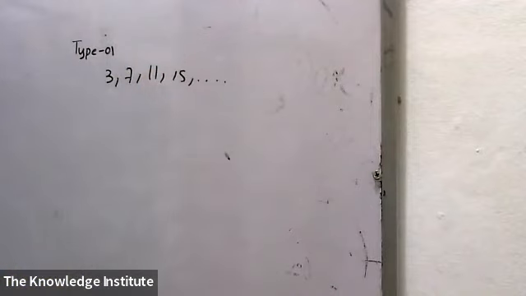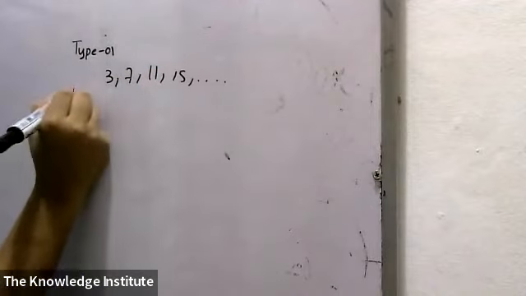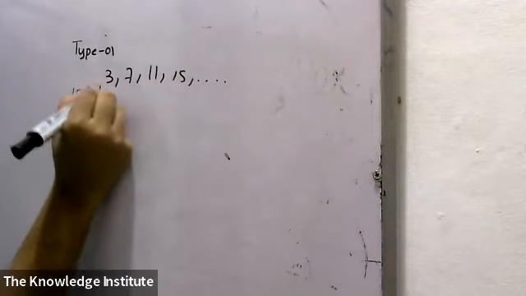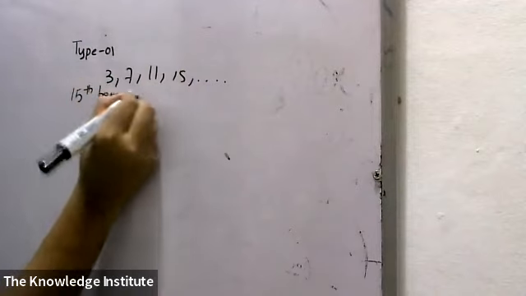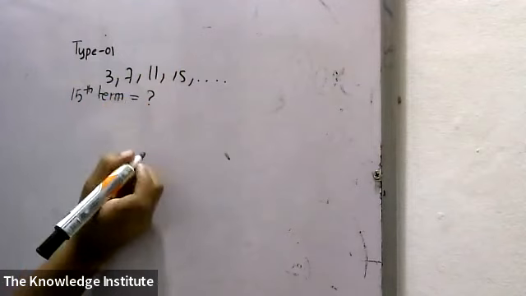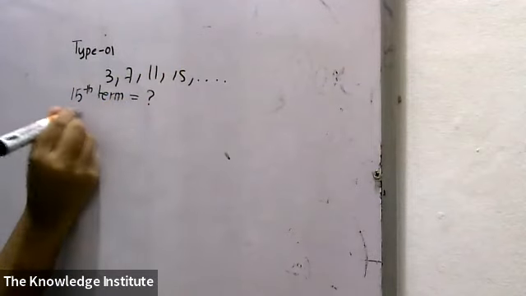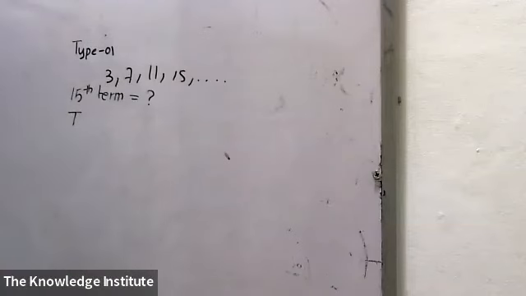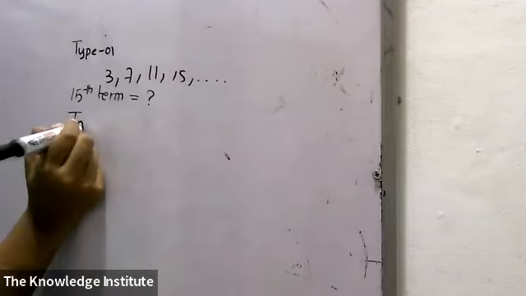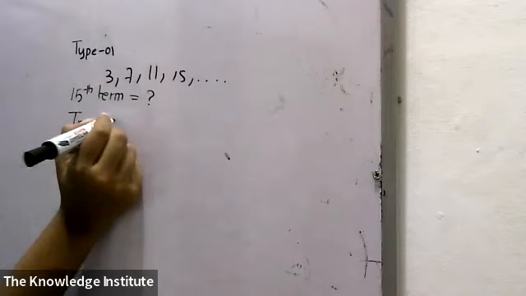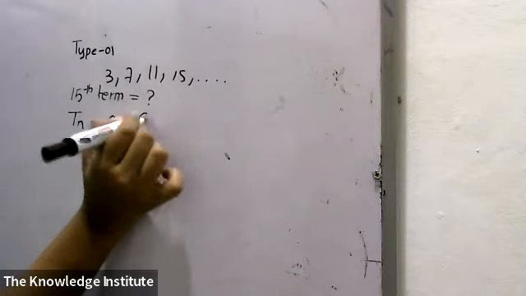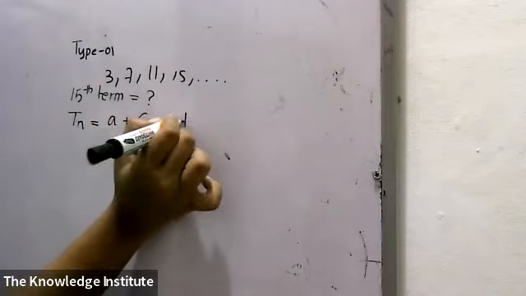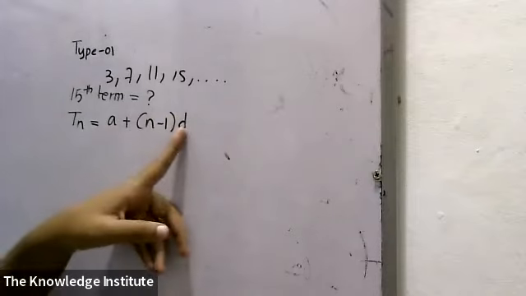They are asking you to find the 15th term. Can we find it or can't? If we should find the 15th term, the equation used is what? Anyone, please? Tn equals a plus (n minus 1) into d.